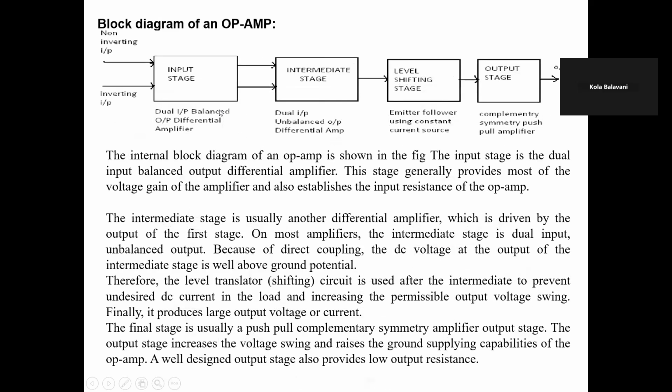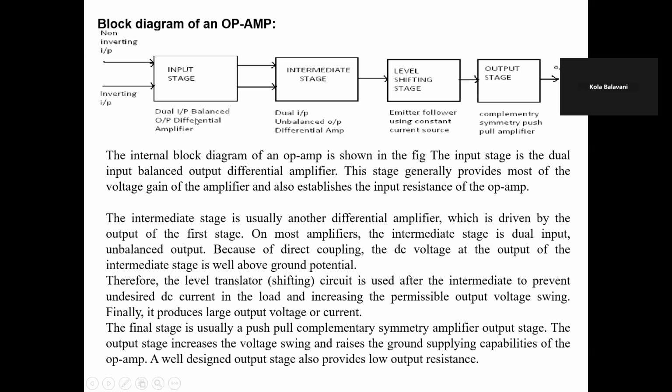So already I told you operational amplifier has two inputs, not a single input. So those two input terminals are named inverting terminal and non-inverting terminal. So the first stage of this operational amplifier is the dual input balanced output differential amplifier. The name is differential amplifier, meaning at a time it can accept two input signals and take the difference of the two input signals.